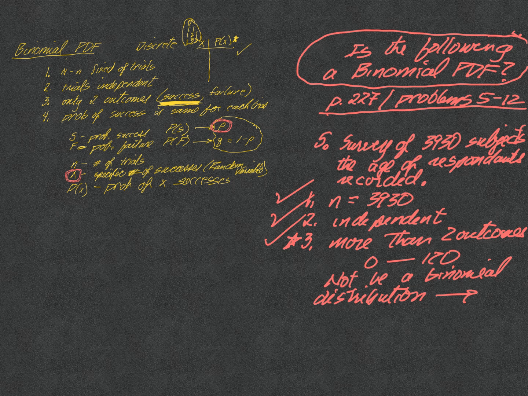Now, I can stop right here, or I could check number 4. There's a problem with number 4 because the probability of getting, say, age 16 and the probability of getting age 30 might be different.